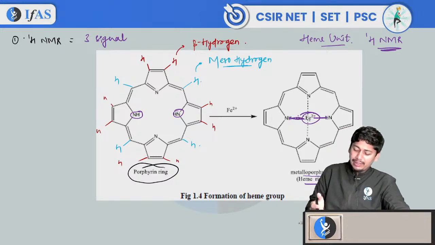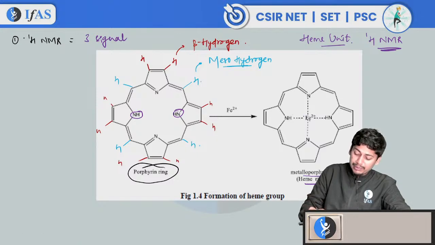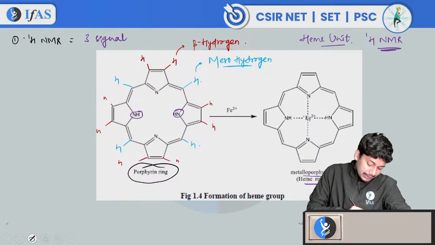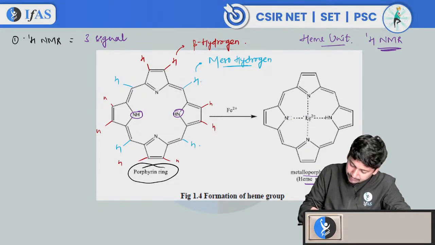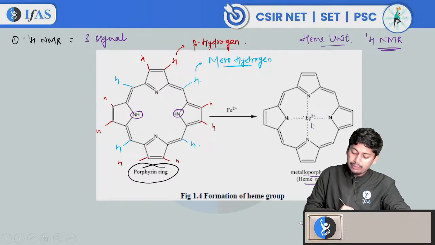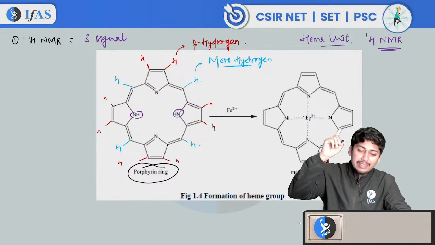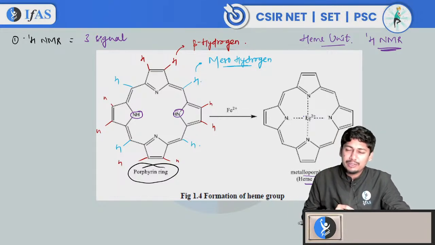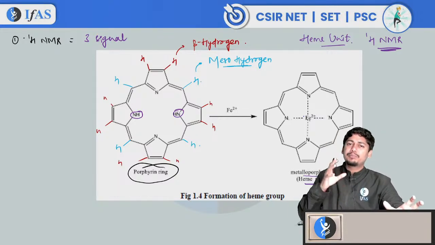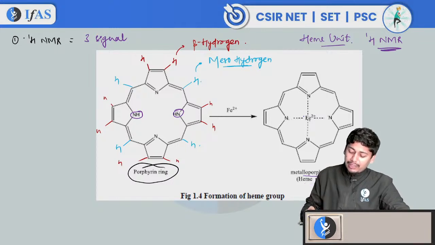In the image you will find hydrogens here, but they should not be present, so I will clear them with the white ink. These NH hydrogens will vanish, then it becomes a dianionic species, and only then can it coordinate with your iron and form the beautiful ring called the heme ring.